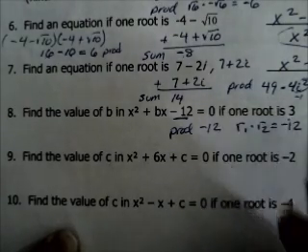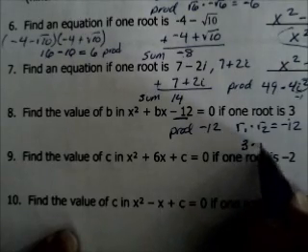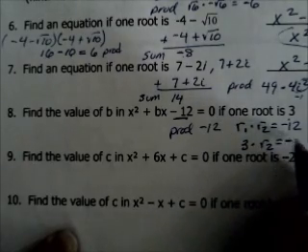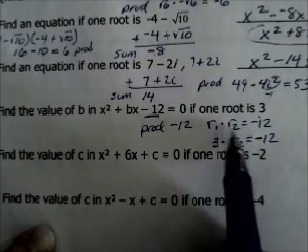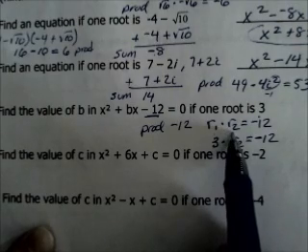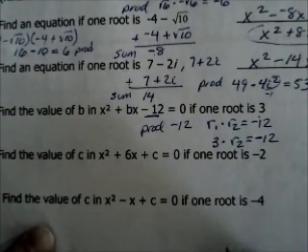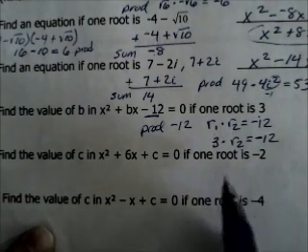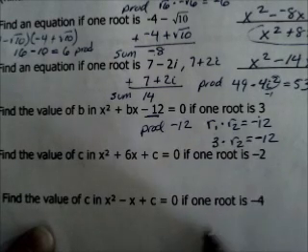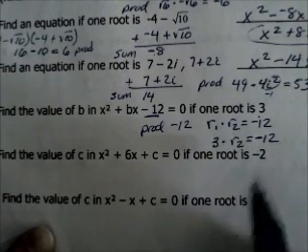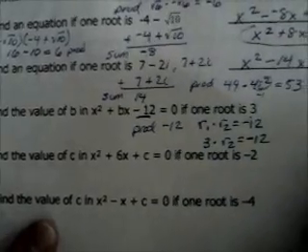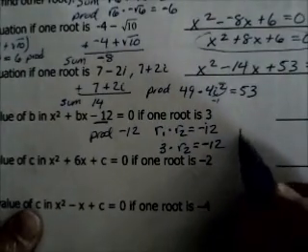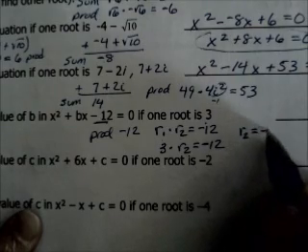Well, if one root is 3, 3 times what other root is going to result in negative 12? This is an r sub 1 for root 1 and an r sub 2. That's not a square root of 2, sorry. That's an r sub 2 for the second root. So 3 times what equals negative 12? Or simply take negative 12 and divide it by 3, and that would give us negative 4. So our second root is negative 4.